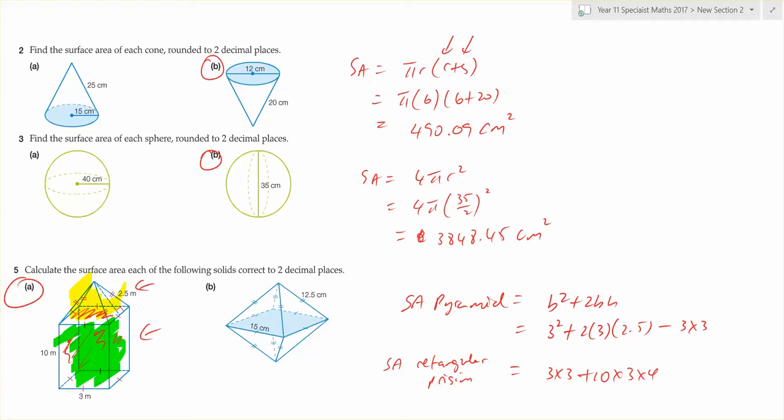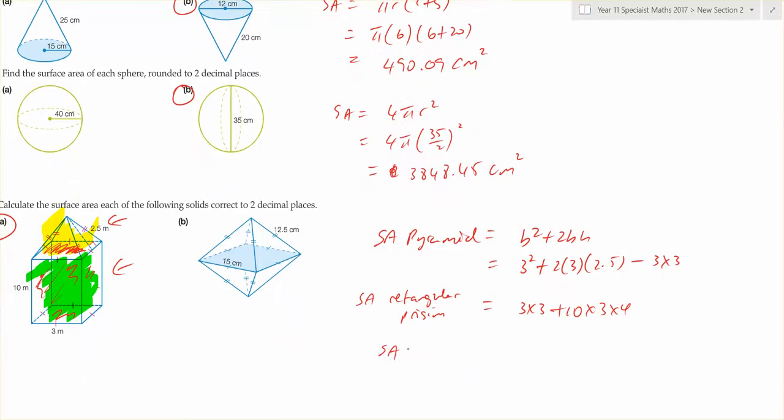When I calculated the rectangular prism, I only calculated the bottom face and the 4 faces on the side. So overall, the surface area is 3 squared plus 2, 3, 2.5 minus 3 by 3 plus 3 by 3 plus 10 by 3 by 4.